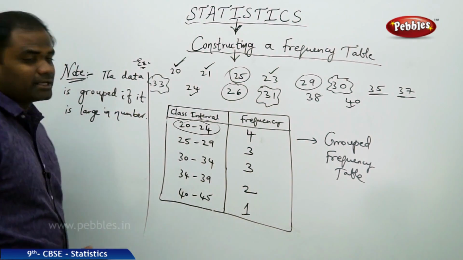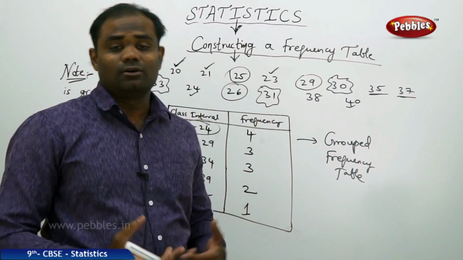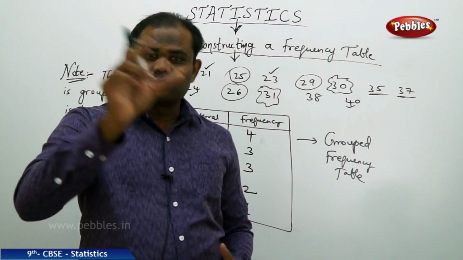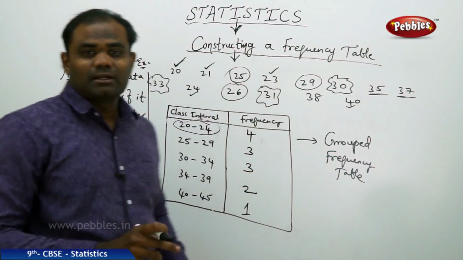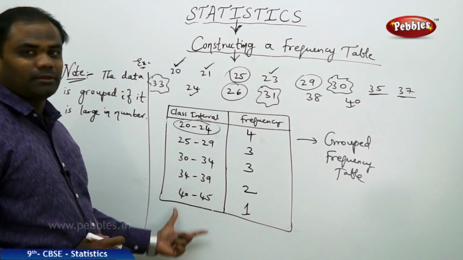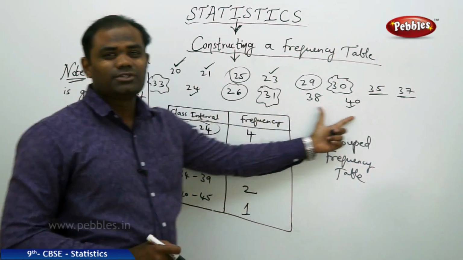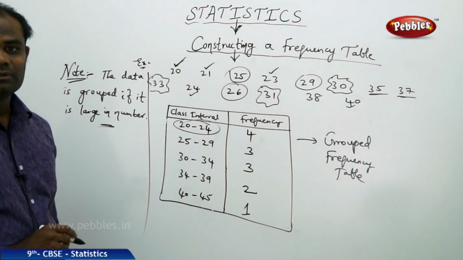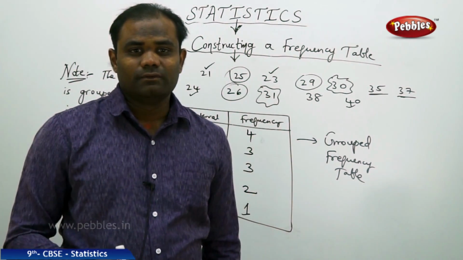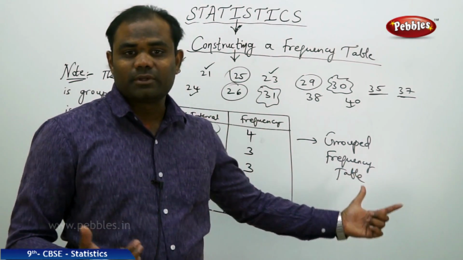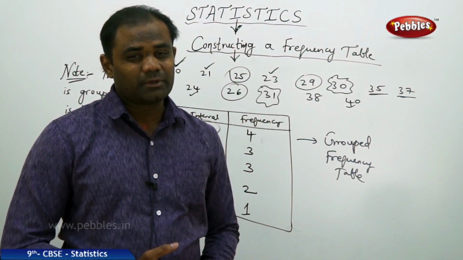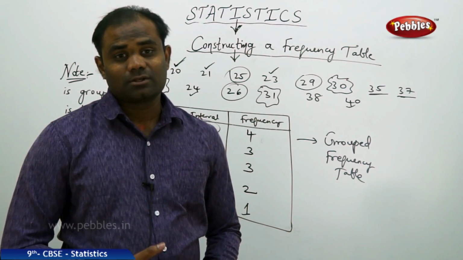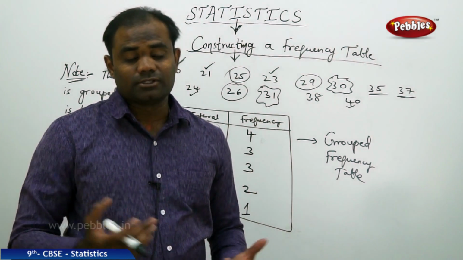That means if you have data which is 1000 or 400 or 300, then I cannot list each value with its frequency, but I can do the smart work of grouping. With very huge data, the data is grouped if it is large in number. If it is not in large number, we use the ungrouped frequency table. Grouped or ungrouped frequency table depends on the number of data given in the situation.